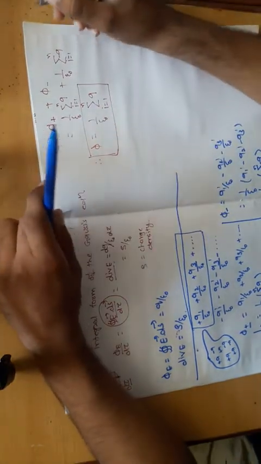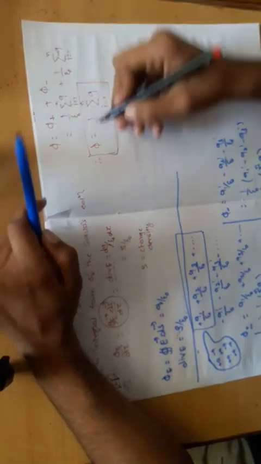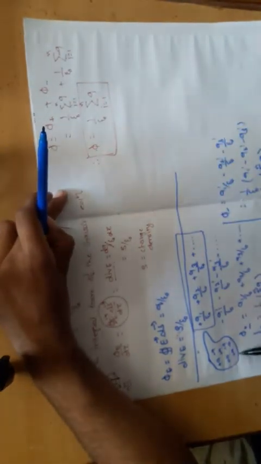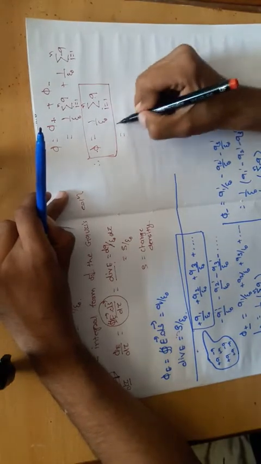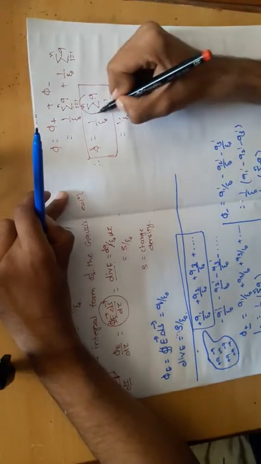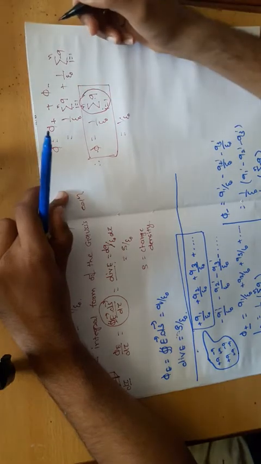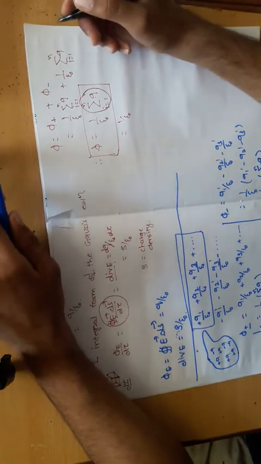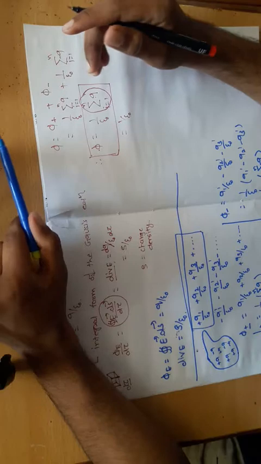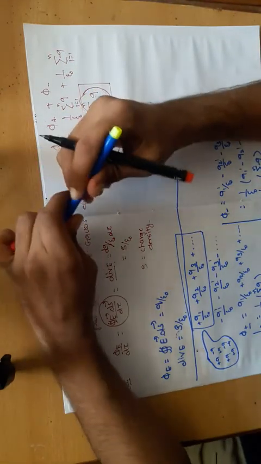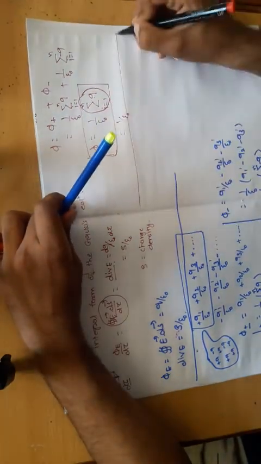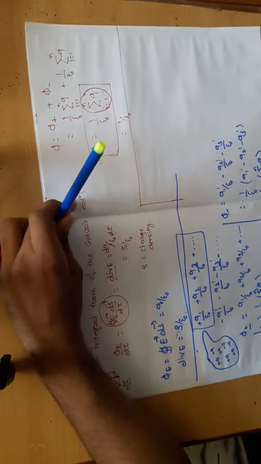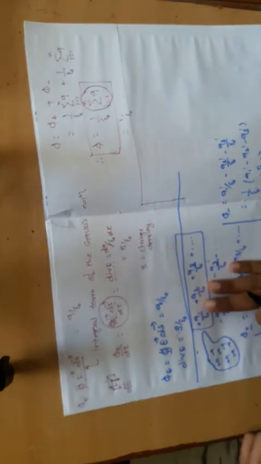So what I get here is that the total flux enclosed by a surface is equal to 1 by epsilon naught times the total electric charge, the algebraic summation of the charges. So it was just a clarification of the total electric charge enclosed by the surface. Now we will see three cases related to this Gaussian theorem.